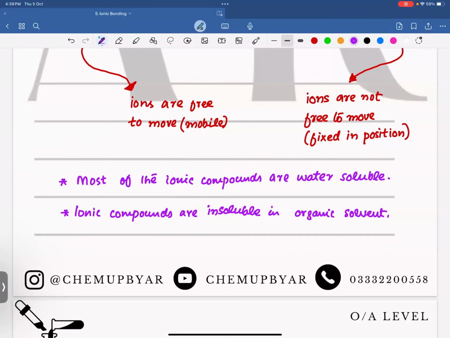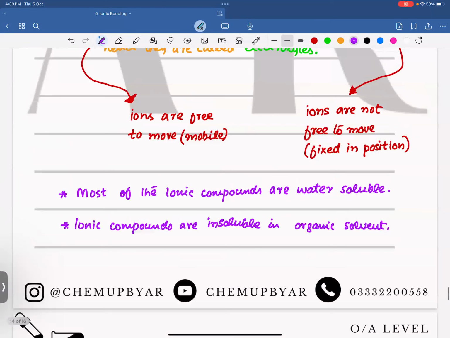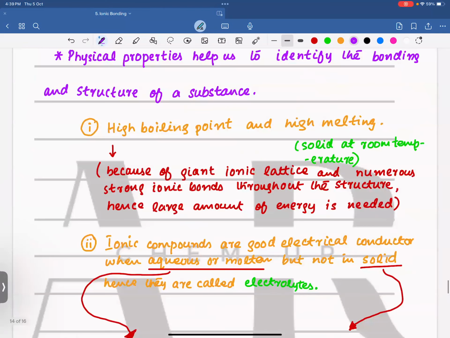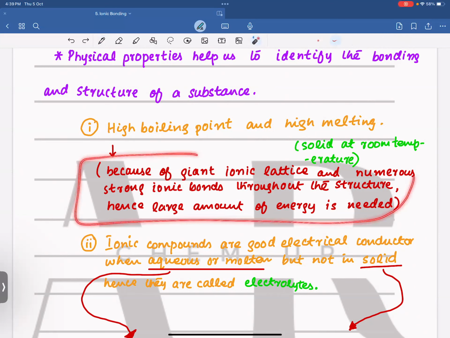Okay, so out of these, the concrete properties which are applicable to every compound are these two. Every ionic compound has a high melting and boiling point, and the reason is that due to the giant ionic structure and very strong ionic bonds, there are numerous ionic bonds throughout the lattice.